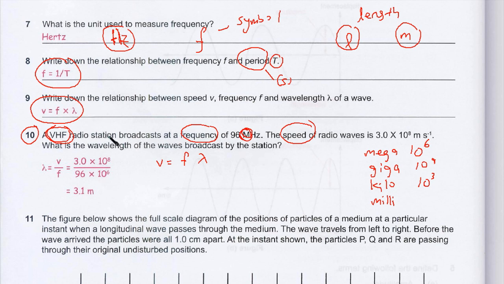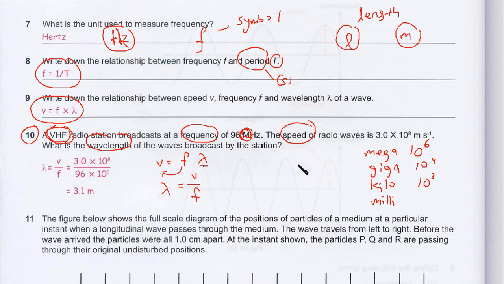What we have to find is the wavelength, so we make wavelength the subject. Wavelength equals the speed over F. Making lambda the subject, I simply carry the F over. So lambda equals V over F.